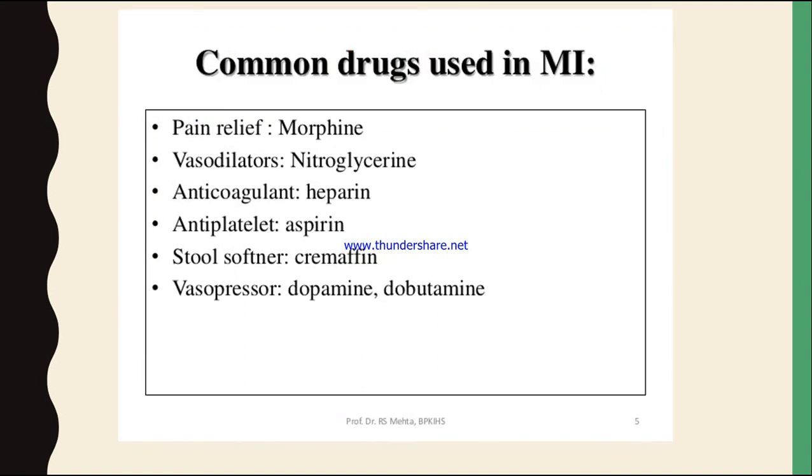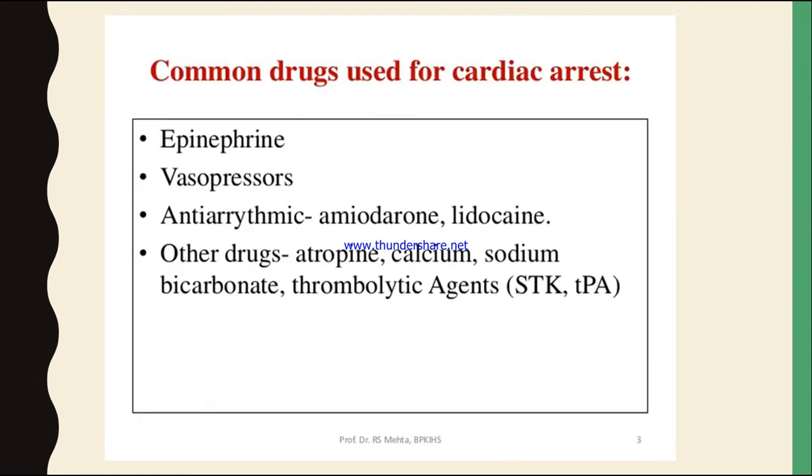Then the commonly used drugs for treating MI, or myocardial infarction. For pain relief, we give injection morphine. Vasodilator, nitroglycerin. Anticoagulant, injection heparin. Antiplatelet, aspirin. Stool softener, we can give syrup. And vasopressors, dopamine and dobutamine. These are some of the commonly used drugs in myocardial infarction.